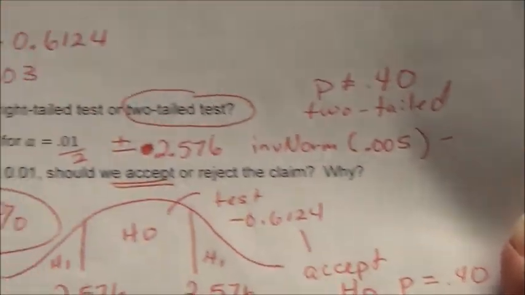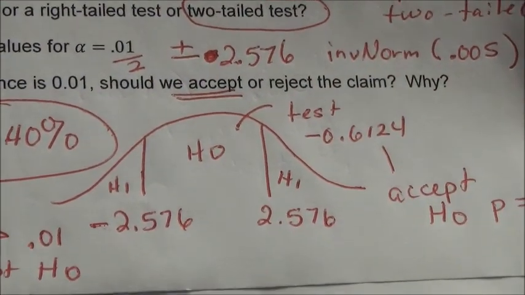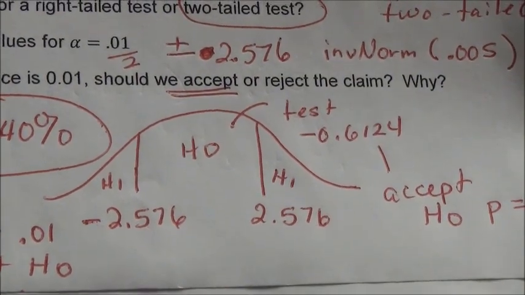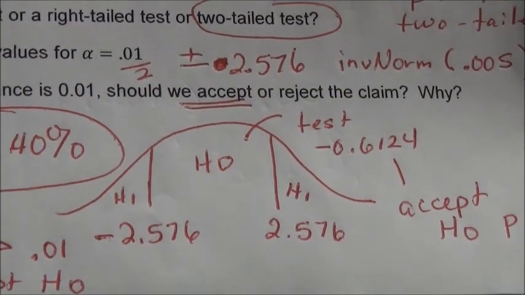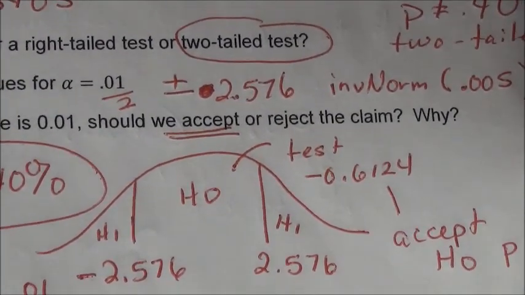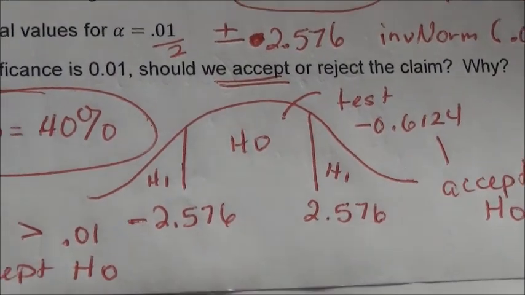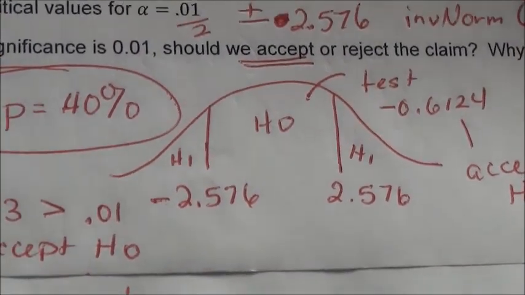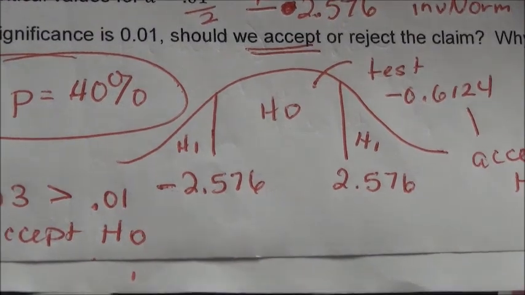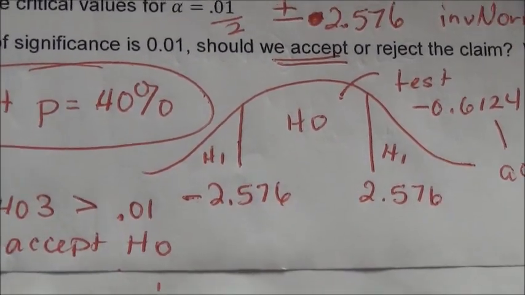When I look again at my drawing, I have a two-tailed test. My critical values are negative 2.576 and positive 2.576. My test value was negative 0.6124, which would fall in the middle section between the negative 2.576 and the positive 2.576, which means we should accept the null.